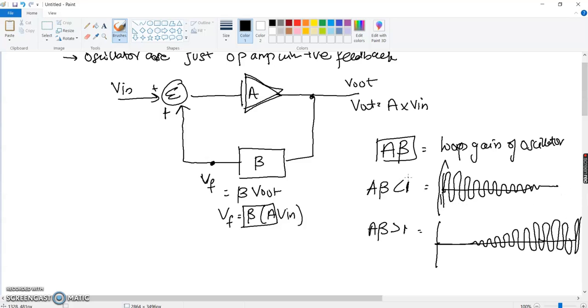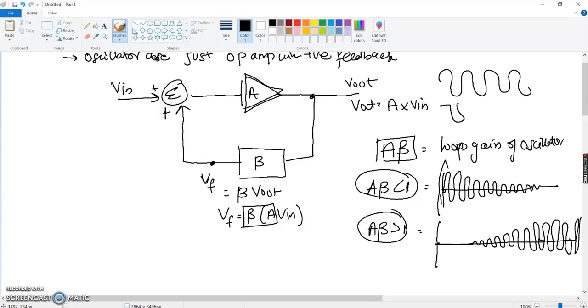The issue with these two types is that they are unstable oscillators, right? Whereas we would need a stable generation of waveform with the same amplitude, maybe like this or maybe like this in terms of the square nature, right? So this is what the issue is.